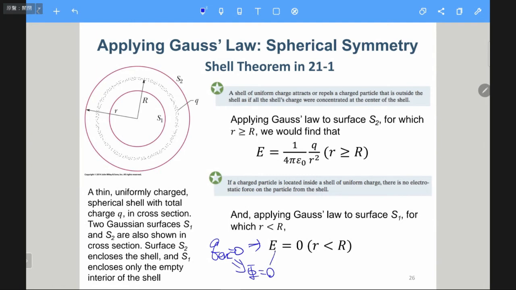So it should be 0 at all points, rather than at some points E being positive and at some points E being negative and then canceling perfectly. That is not the case, because E is uniform. So we can only have E equal to 0 inside the sphere. The point here is that we assume the charge is uniformly distributed. This is an important condition.